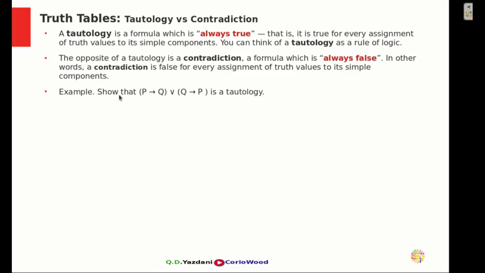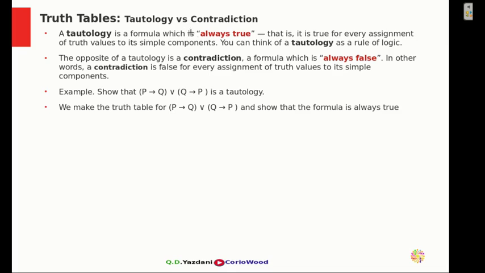So the example shows that P implies Q or Q implies P is a tautology. So how are we gonna do this? We're gonna show that P implies Q or Q implies P is a tautology. So how are we gonna show that this one is always true?